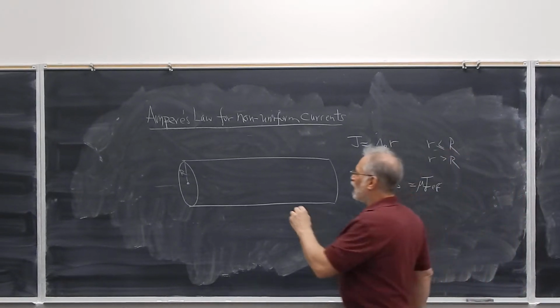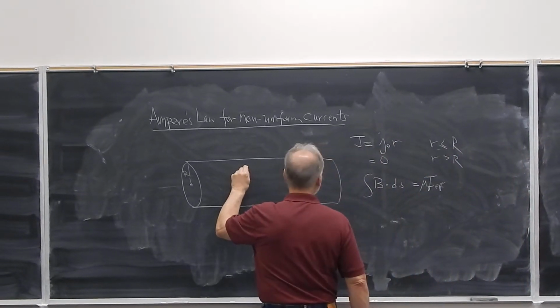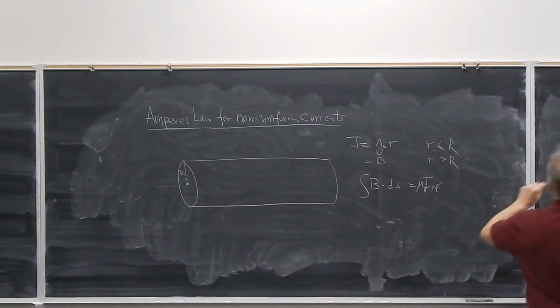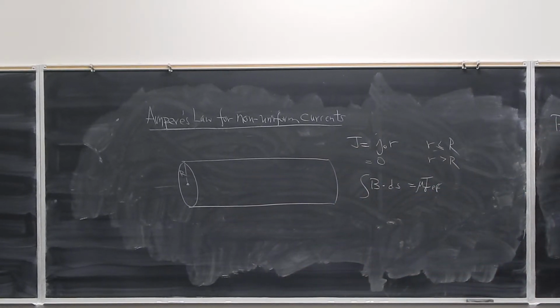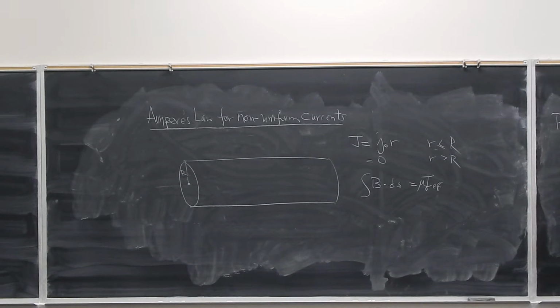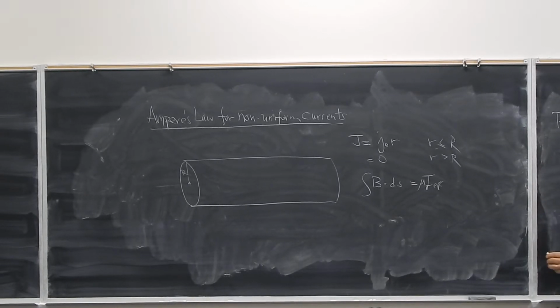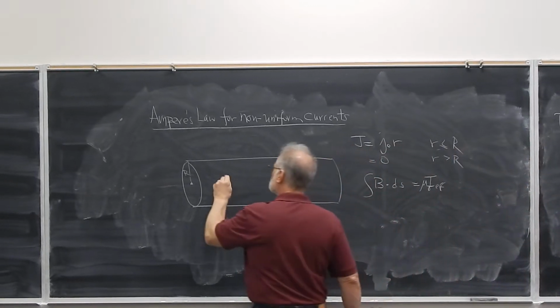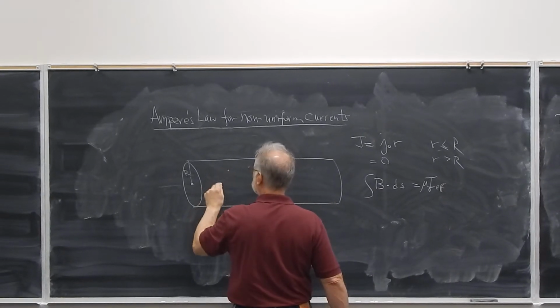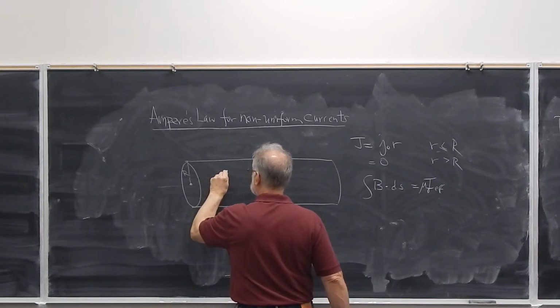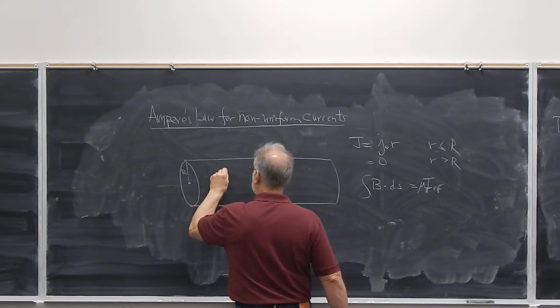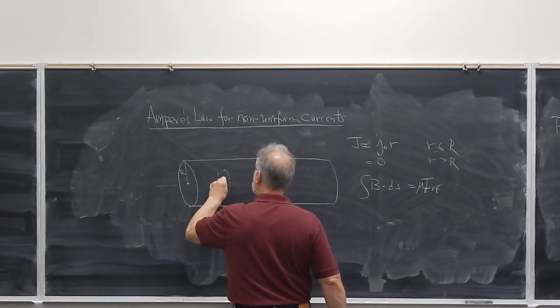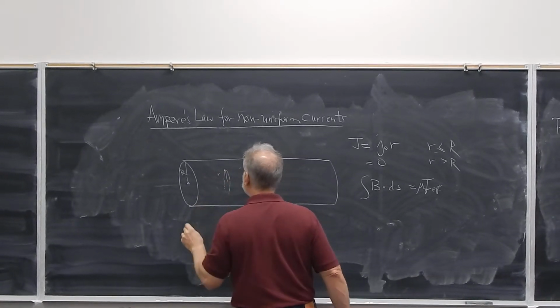I'm going to draw, in this case, an Amperian loop. Let's look for the case for B for r less than R, so inside the cylinder. Let's suppose I want to find it at some point, some distance r from the center. I would draw an Amperian loop that has a radius of r.